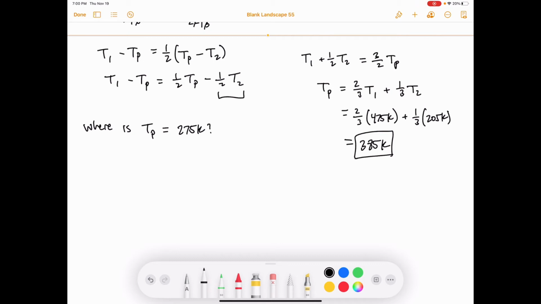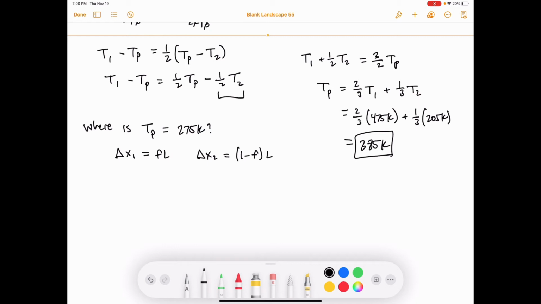So here's how we're going to deal with this. Delta x1 is going to be some fraction of the length of the rod, which means delta x2 would be 1 minus that fraction of the length of the rod. So for example, if delta x1 is a quarter, then delta x2 would end up being 3/4 of the length of the rod, okay? And we're just going to figure out what F is.